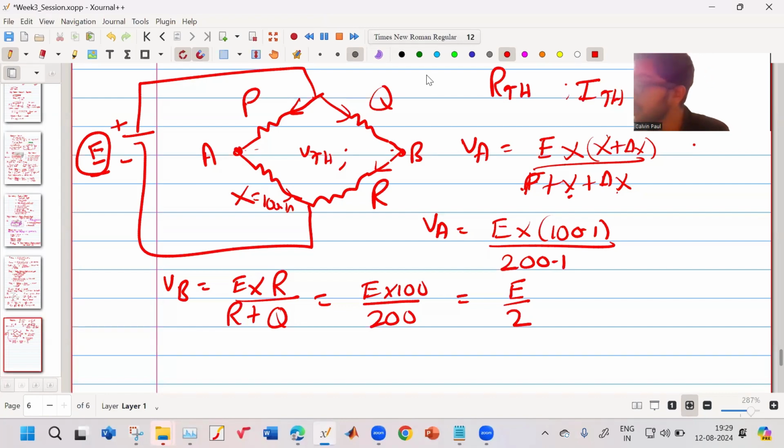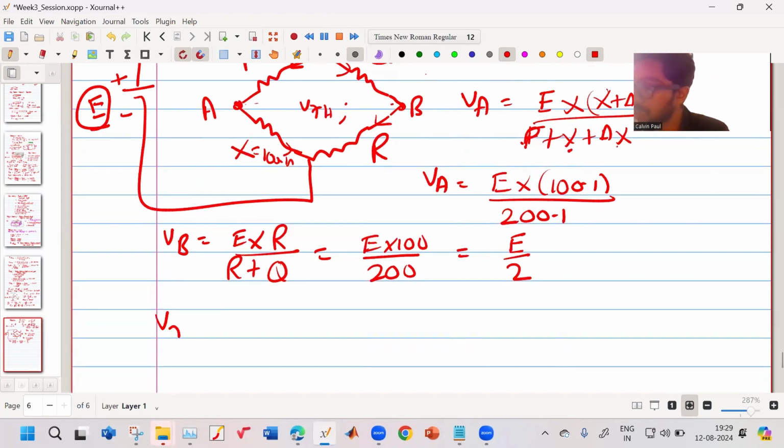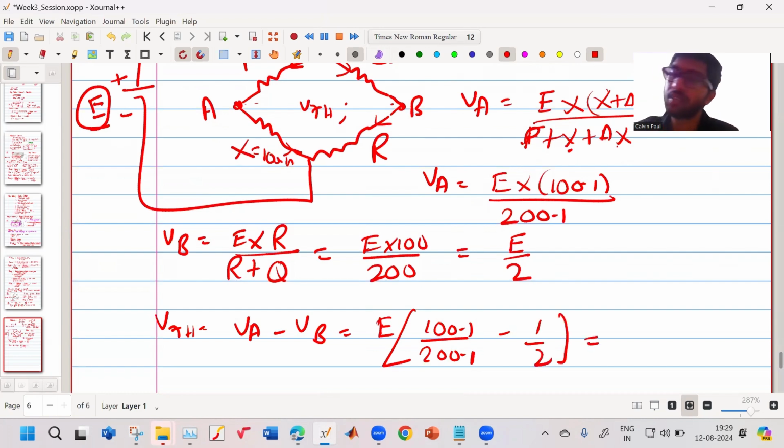So now my V Thevenin is VA minus VB, that is E into 100.1 divided by 200.1 minus half. So how much is that?